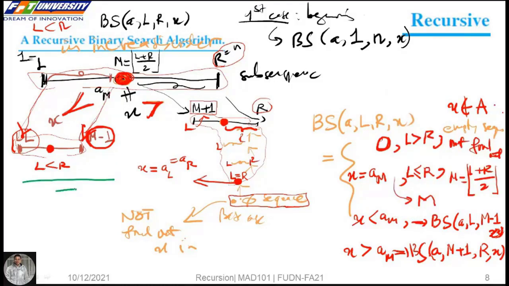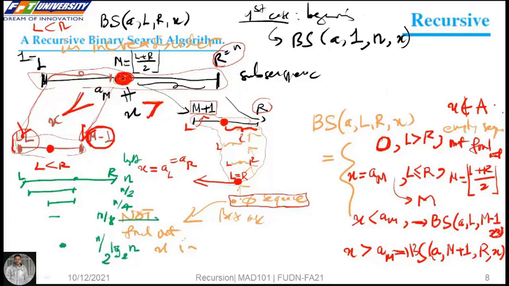In the worst case, from the left to the right, the length is n. So it's n divided by 2, and then maybe the right half n divided by 4. So in the last step, we just have one element. One element will be n divided by 2 to the power of log base 2 of n. We can express here n divided by 2 to the power of 3, 2 to the power of 2, 2 to the power of 1, 2 to the power of 0.